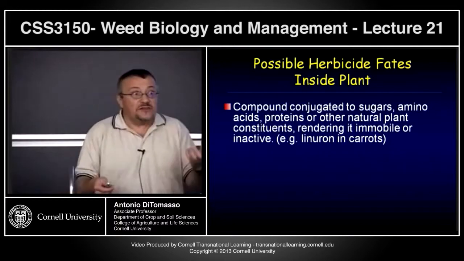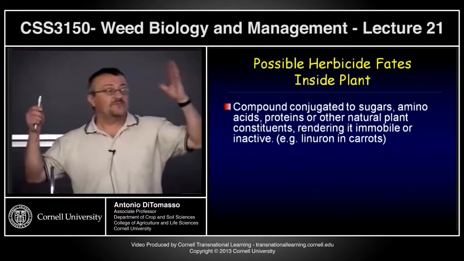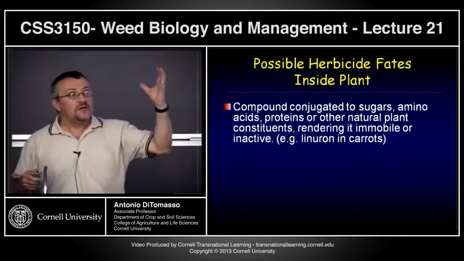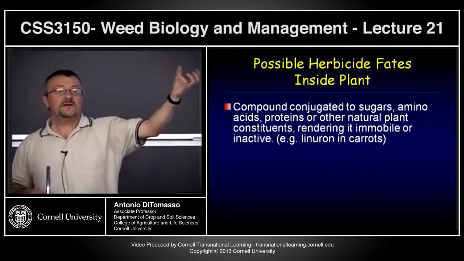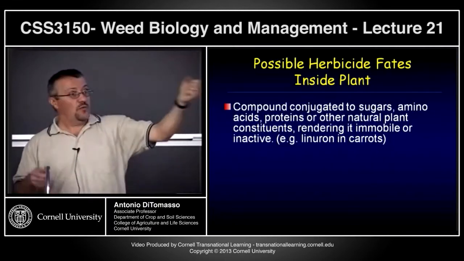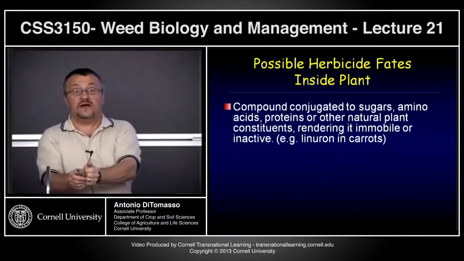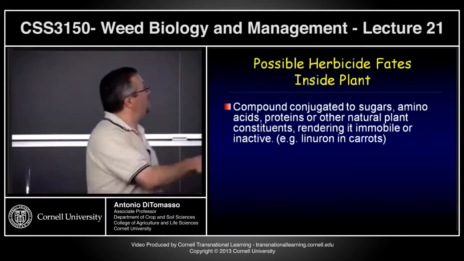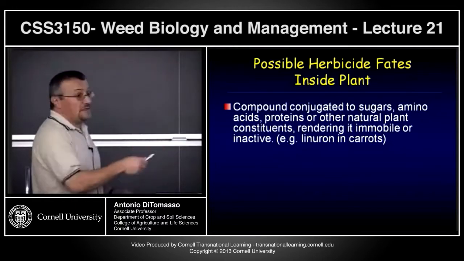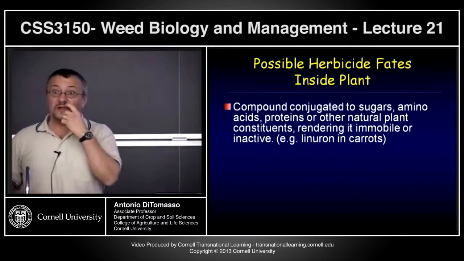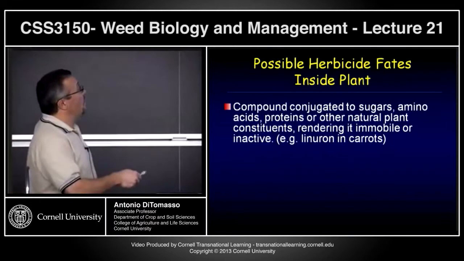They're natural plant constituents. The plant in some way, and I'm putting this in human terms, recognizes that this is a foreign compound and says, we're going to bind it to something that's not going to cause me damage. And they basically then render that compound immobile, or inactive.